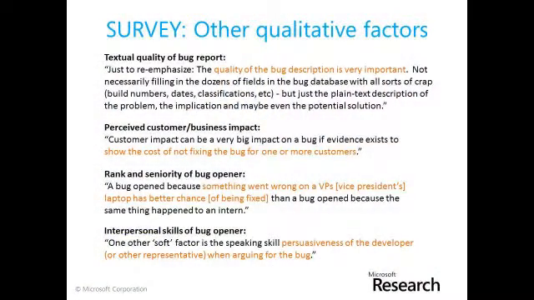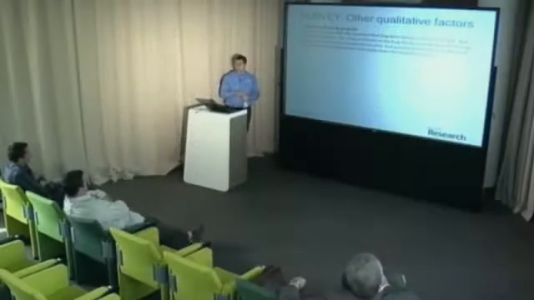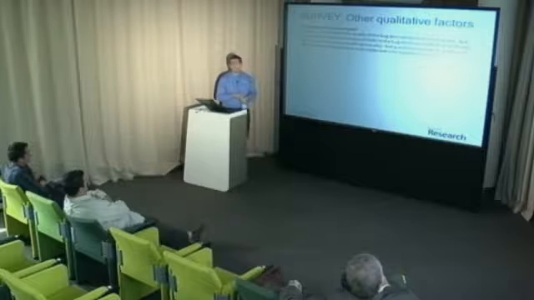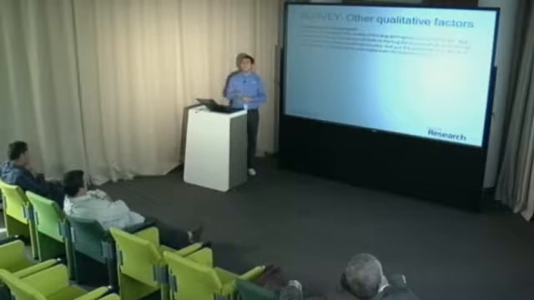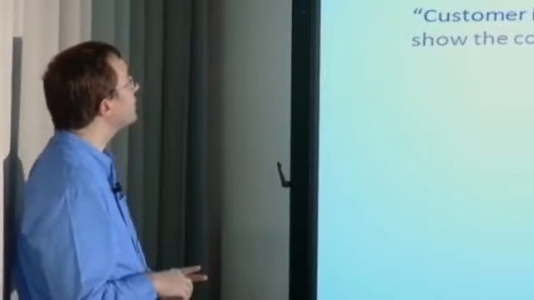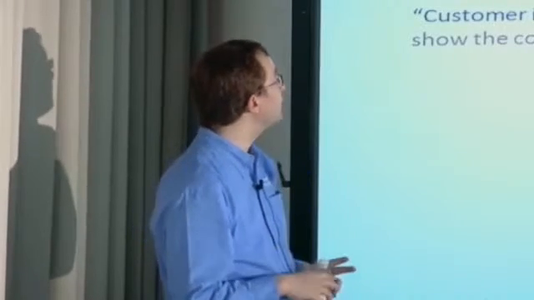In the survey, we also asked about other factors which influence the chances of bugs getting fixed. One which was pointed out was the quality of a bug report. If you have a good quality bug report, there is a higher chance of it getting fixed. Poor quality, lower chance. Another one was the customer and business impact. If there's a very high cost of not fixing the bug, then it's more likely to be fixed.